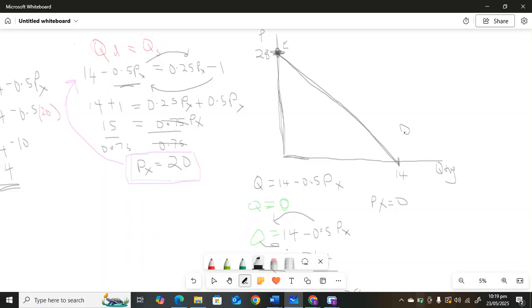Same thing also for the supply function. Because it is upward sloping, there's only one intercept, when Qx equals 0.